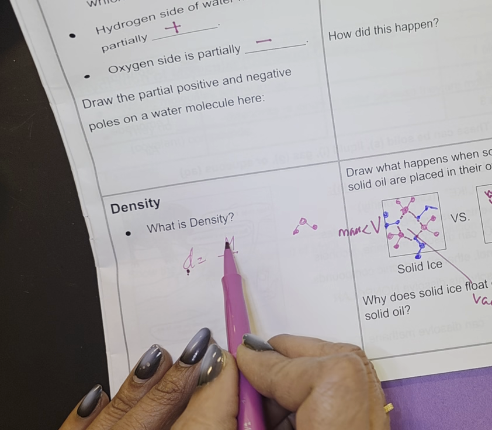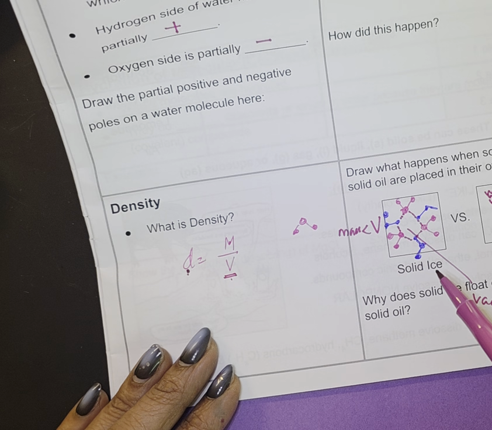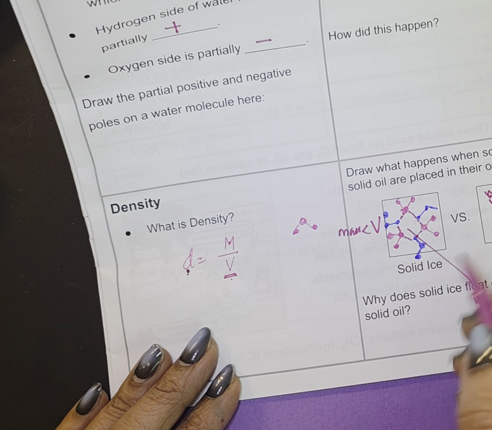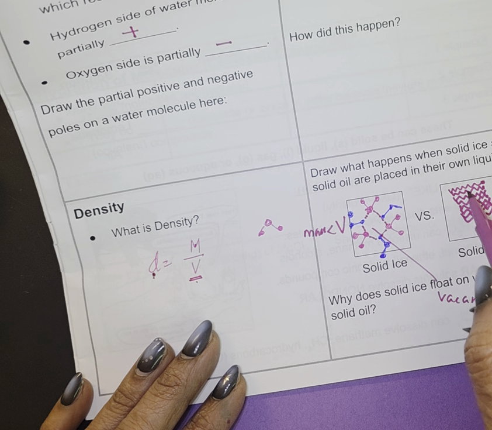So the vacant spaces cause an increase in volume, which causes a decrease in density. We know density is equal to mass over volume. So basically, water will expand during freezing. But if it is oil or any other normal substance, like the oil I drew there, they become very compact when they become solid.